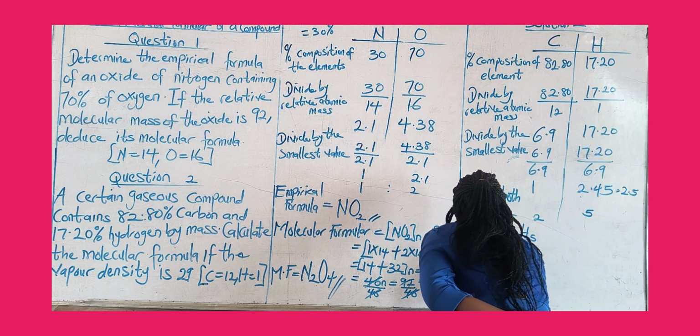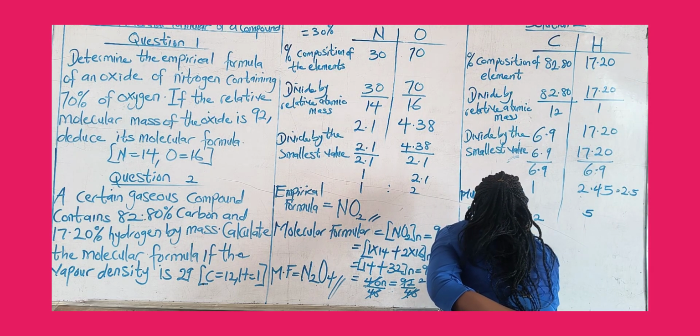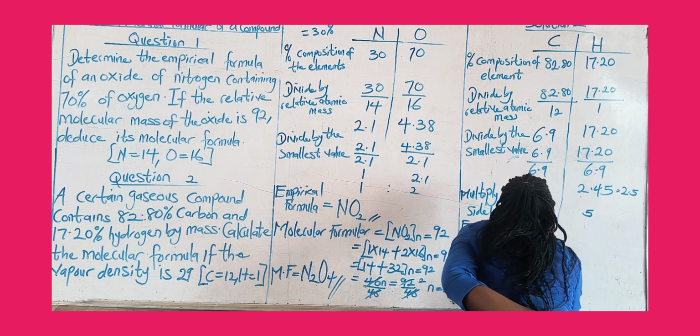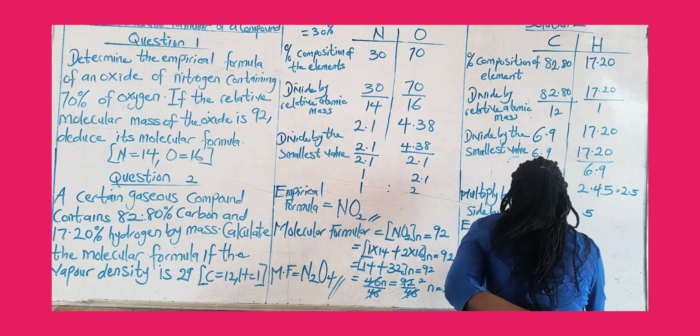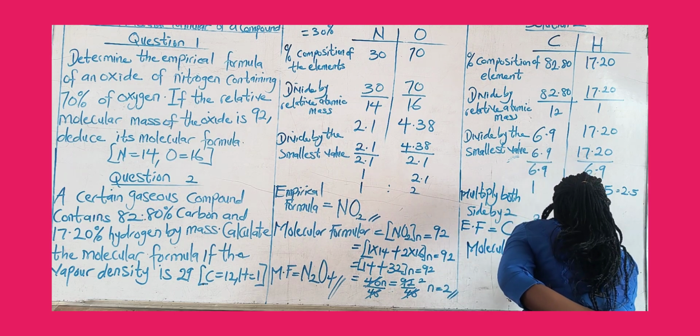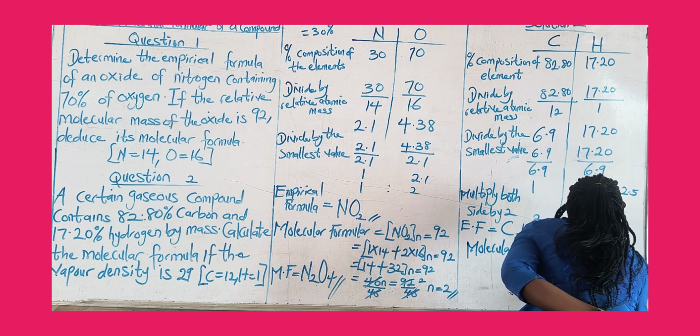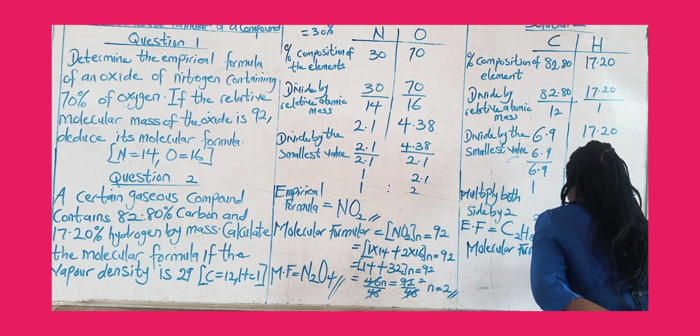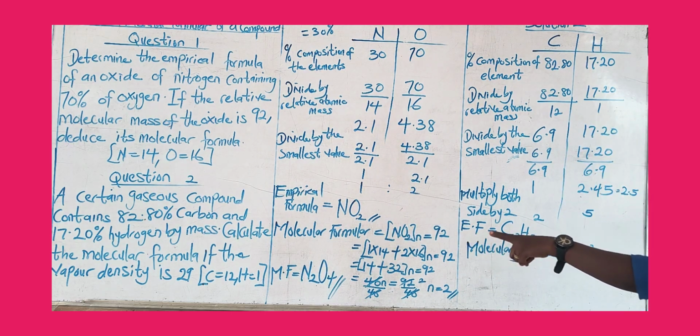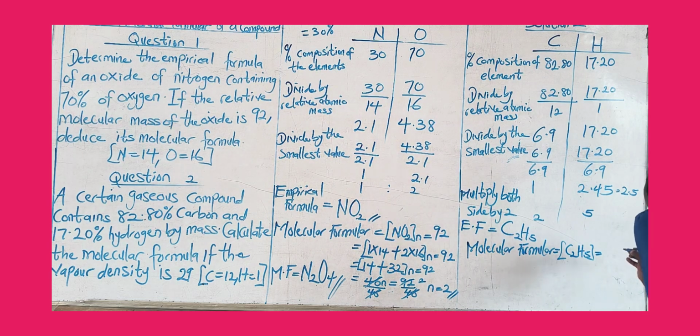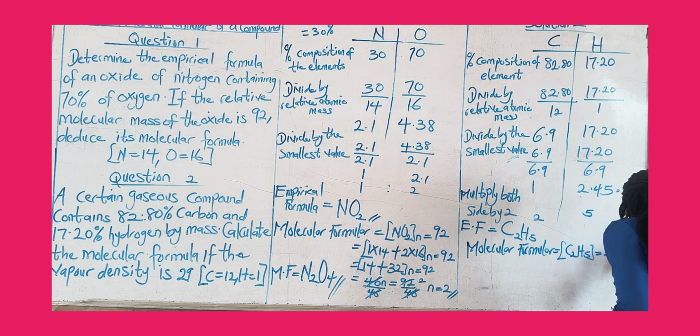So now our molecular formula equals the empirical formula, C2H5, all to the power n, equals 2 multiplied by 29.